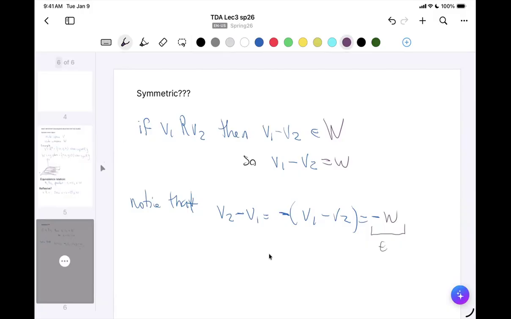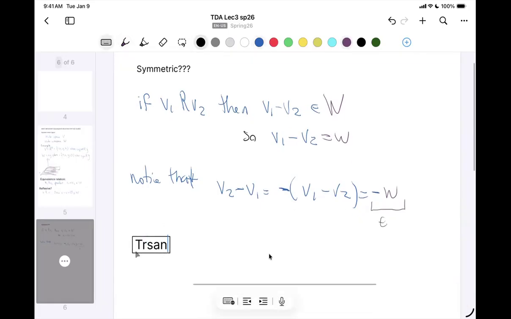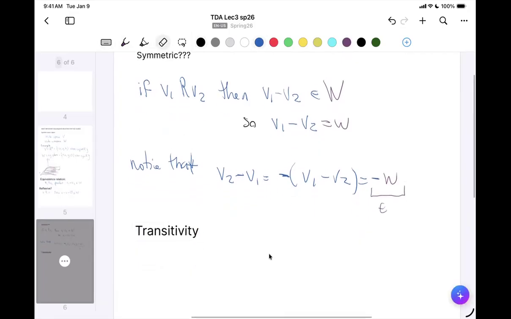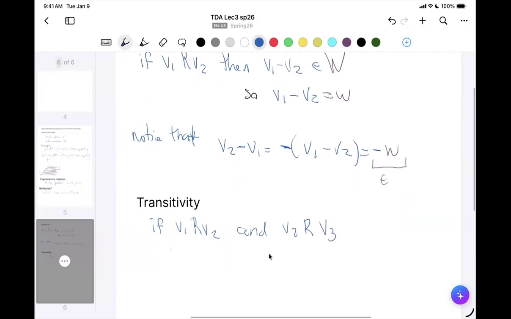So for transitivity, if V1 is related to V2 and V2 is related to V3, what that means is that V1 minus V2 is a vector w, and V2 minus V3 is a vector w prime.